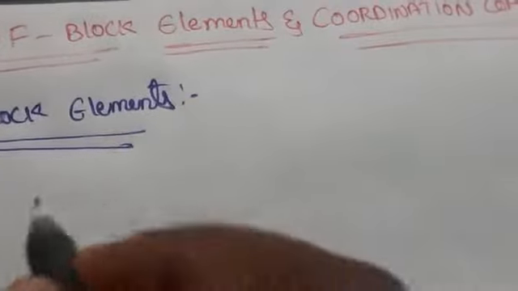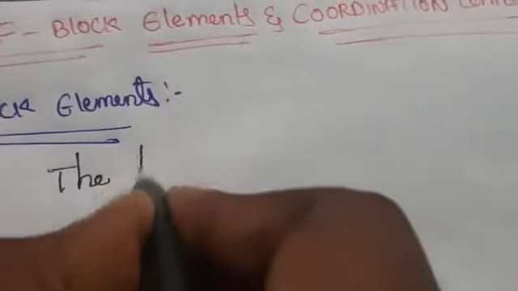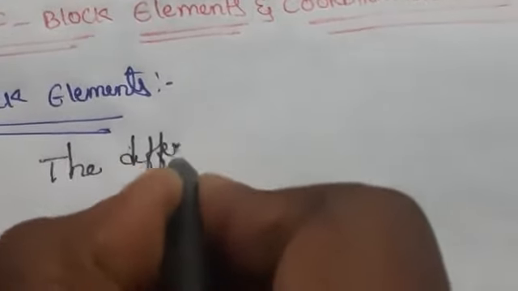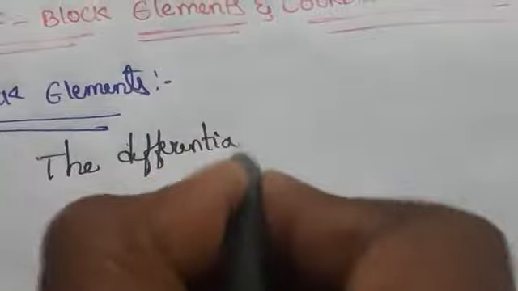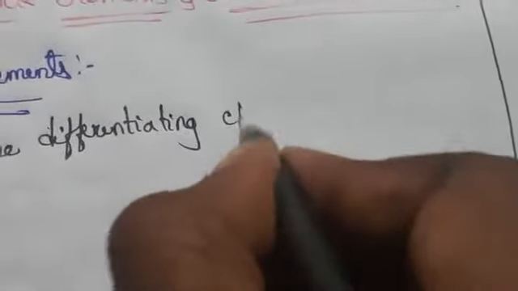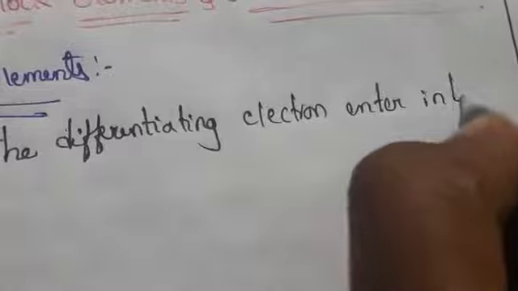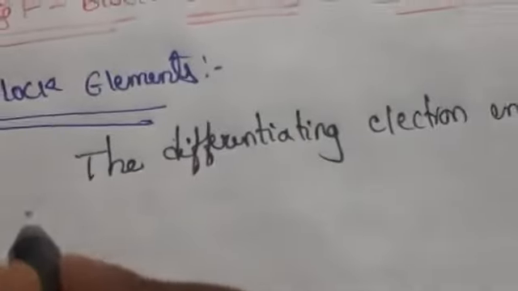A d block element is one in which the differentiating electron enters into the d orbital.